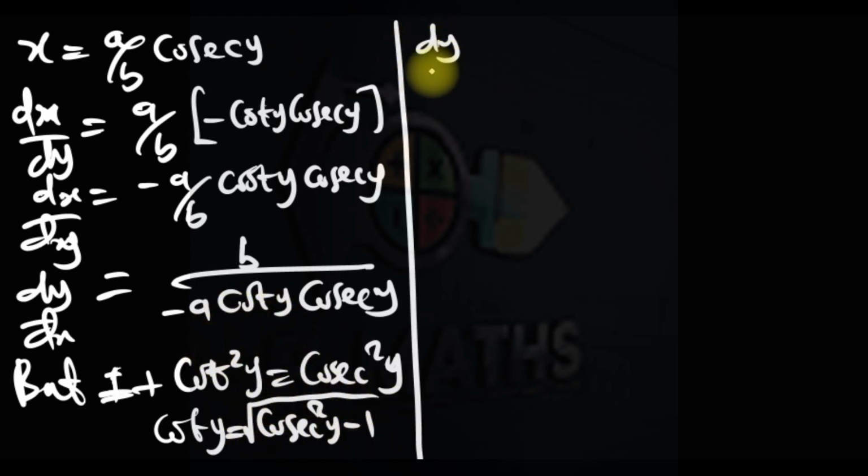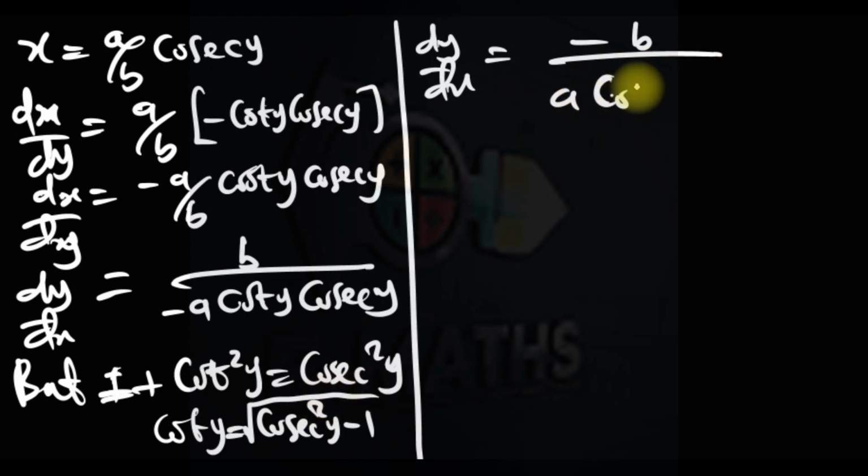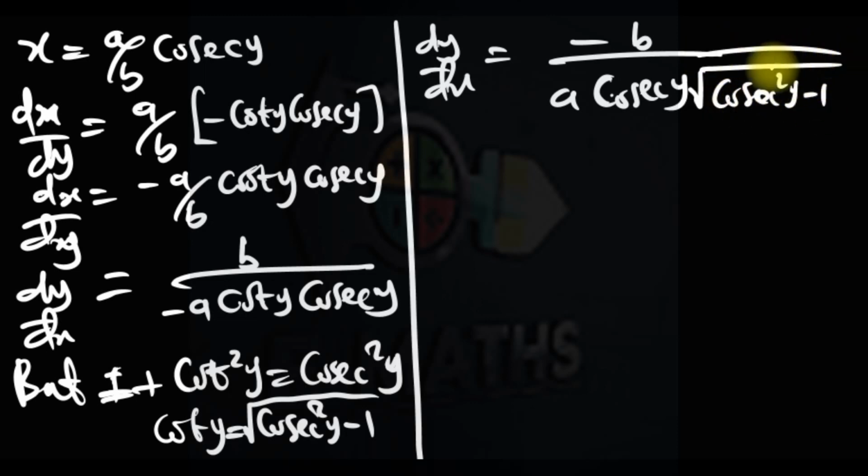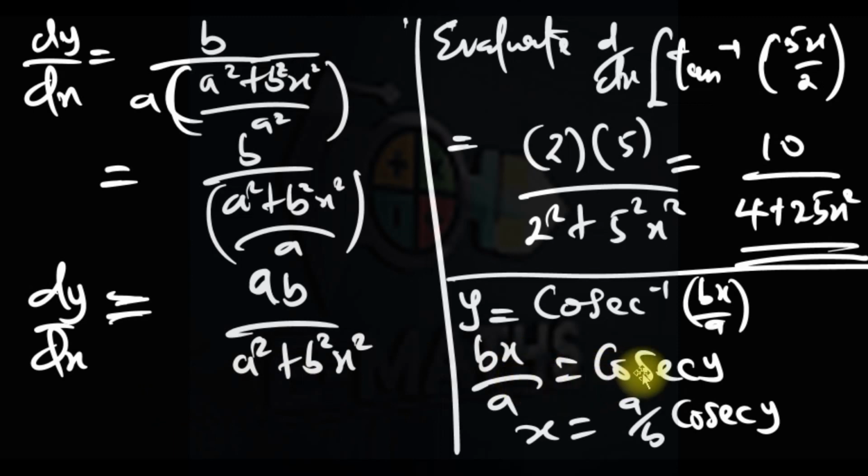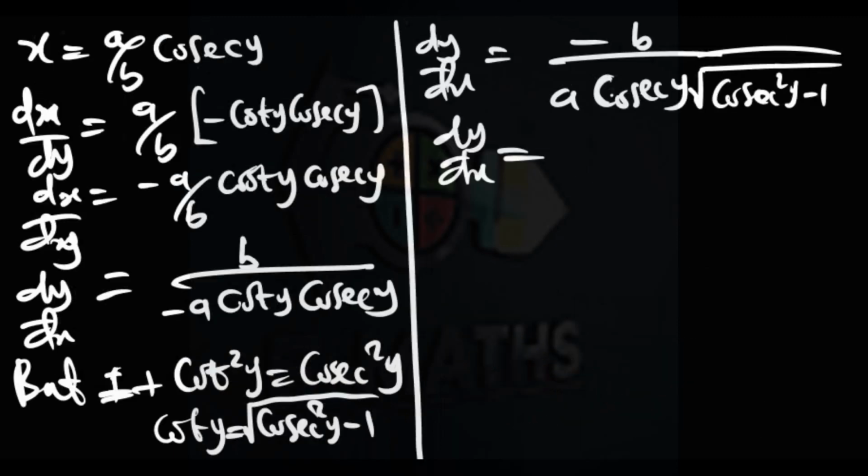So our dy over dx is now minus b over a, let's write cosec first, cot y is now square root of cosec squared y minus 1. So they have told us that cosec y is bx over a, so we substitute.